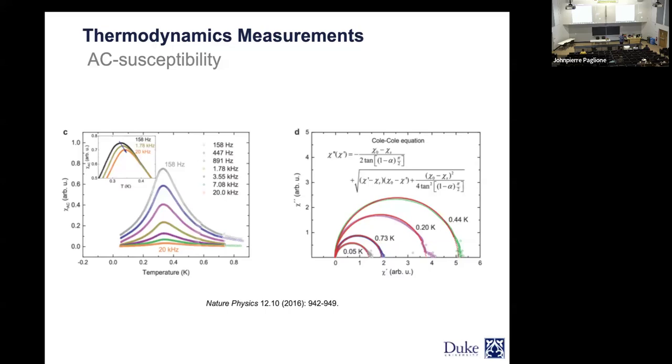Somebody may look at this data and right away say that there is a frequency dependence to this AC susceptibility data at different temperatures, at different frequencies, as a function of temperature, and this is the real part of it. So this could be indicative of a spin glass situation.